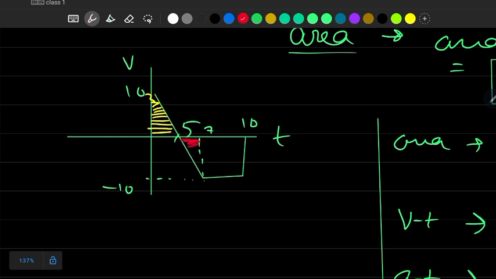This triangle area, the red one, will be negative because it's below the x-axis, and this white area, a rectangle, will also be negative. This way you can find change in displacement. The VT graph area gives us displacement from this point to this point. So area doesn't have any such complexities.